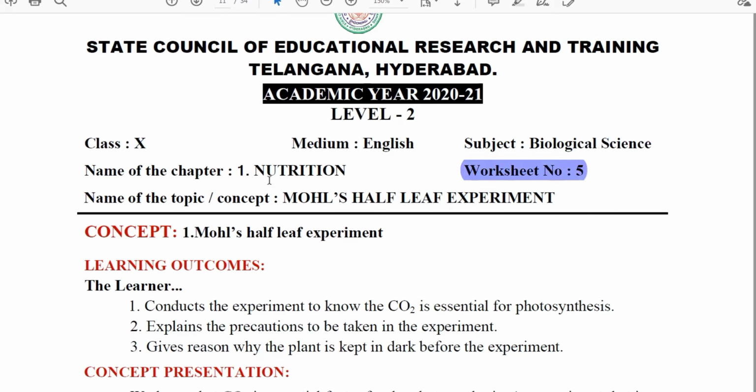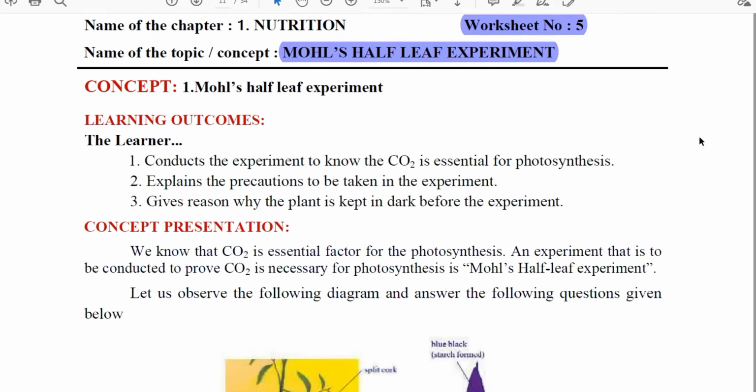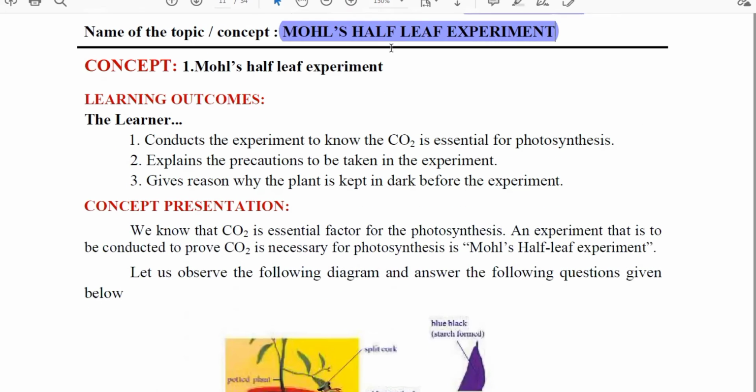The main concept or main topic in this worksheet number 5 is Moll's half leaf experiment.